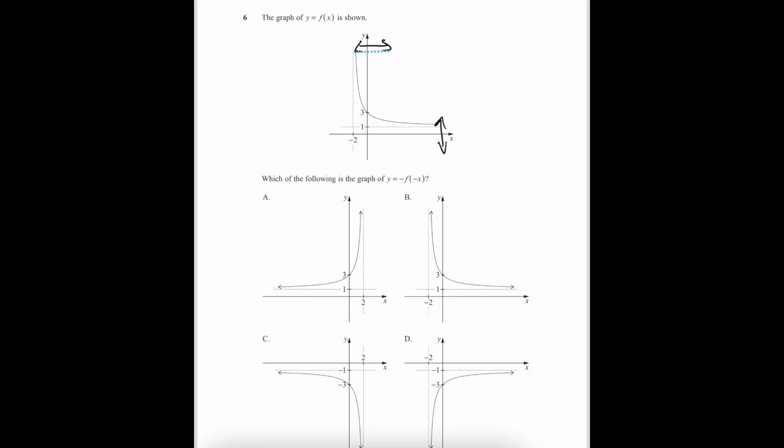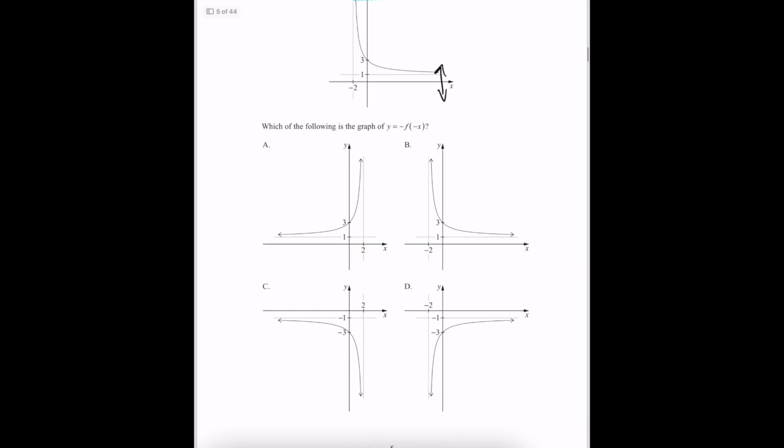And this isn't the answer to the question though, because we have this additional transformation where the minus is out the front of that whole function. So now if we focus on this graph, we are now applying a minus in front of all of it. And that means that we have a reflection around the x-axis.